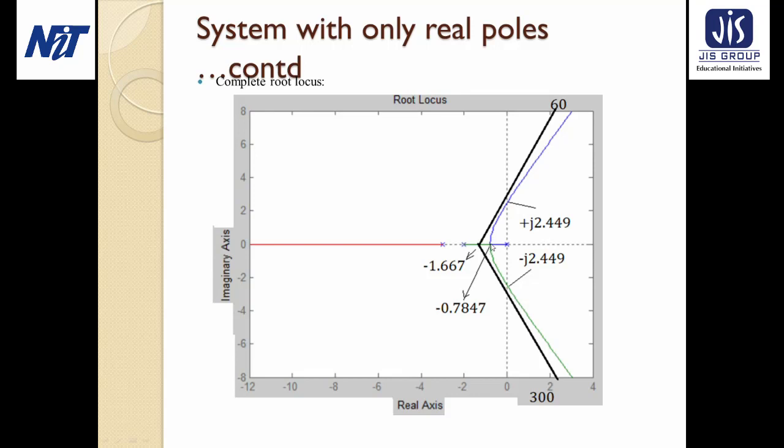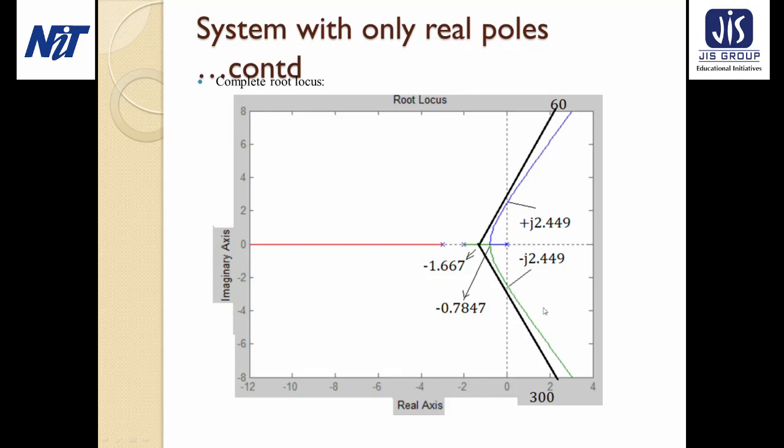At this breakaway point, it changes its direction, and following the asymptotic angle, it goes to infinity, and it cuts the imaginary axis at plus j2.449, and this one cuts at minus j2.449.